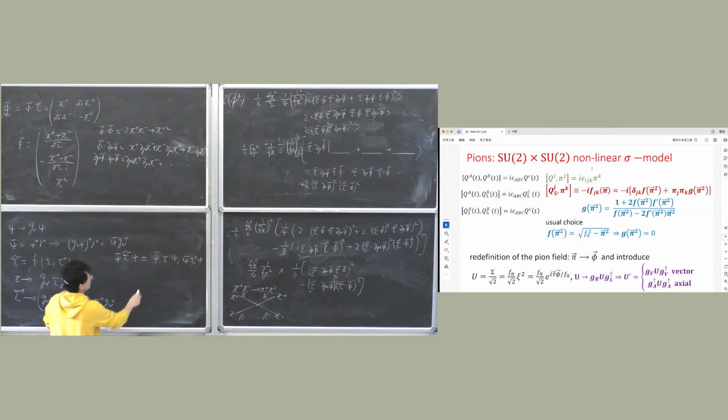So this one will change to g_V sigma g_V dagger, and this is g_V psi. So all of them cancel. Similarly, for the second term, it's the same. So this one, of course, is chiral invariant.